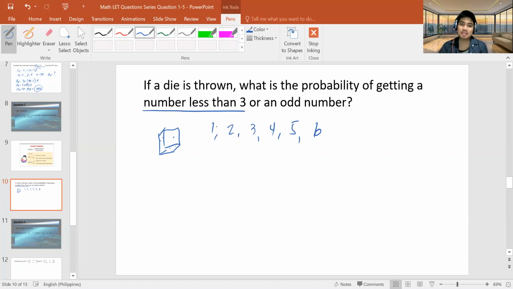We should get 1 or 2. It says less than 3, not less than or equal to 3.